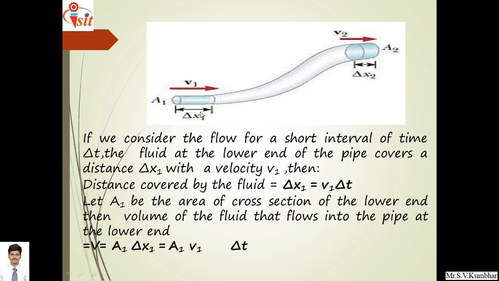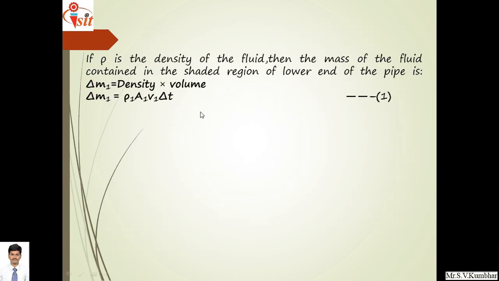This is the continuity equation. Now if ρ is the density of fluid, then the mass of the fluid contained in the shaded region at the lower end is given as Δm1, that is the small amount of mass, density into volume, and this density into volume is ρ into A1 into v1 into Δt, where Δt is a small amount of time.